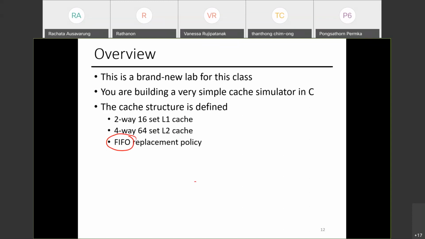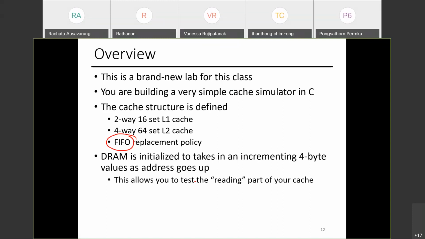A cache block gets brought in, and that would be the first cache block that gets kicked out. Any question about the FIFO policy? The first thing that you brought in is the first thing that you kick out, basically. Once the cache is full, the first cache block that you brought in, that's gone.